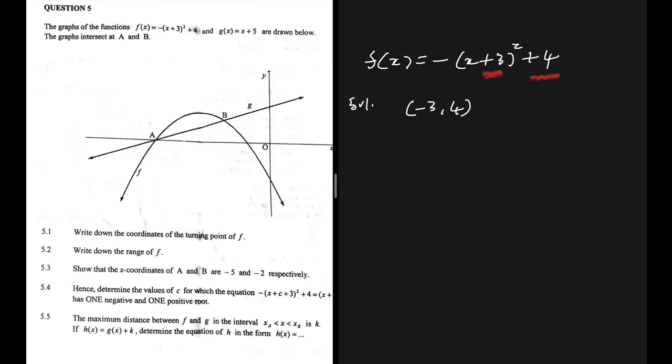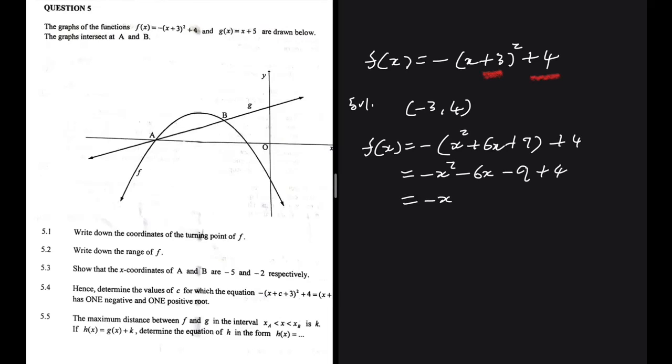They like to solve it first and then use x is equals to -b divided by 2a. So if we do that, we're going to have f of x being equals to -x squared plus 6x plus 9. That's what you get when you solve (x plus 3) to the power 2 and then plus 4, right? So we're going to have -x squared minus 6x minus 9 plus 4. So this is equals to -x squared minus 6x minus 5, right?